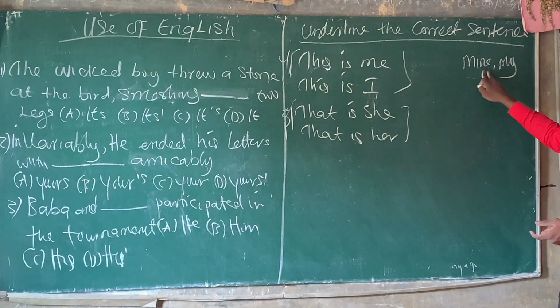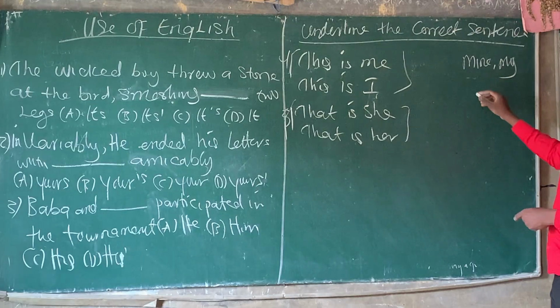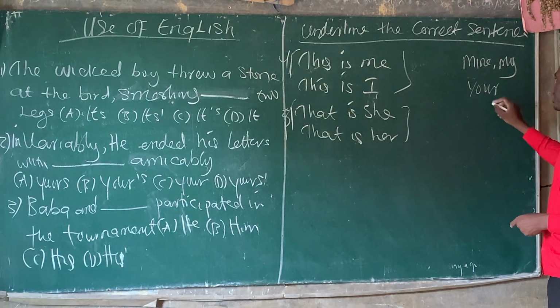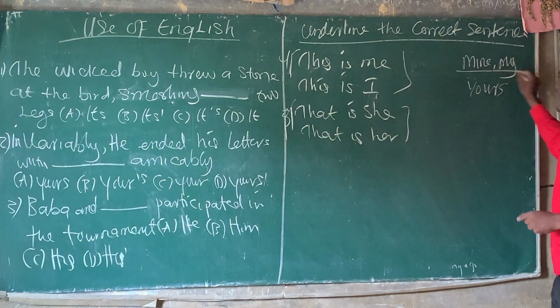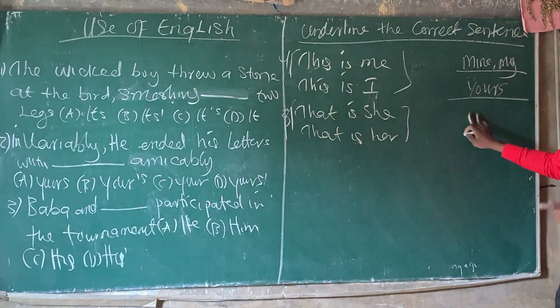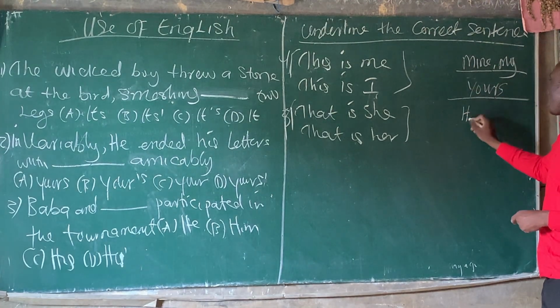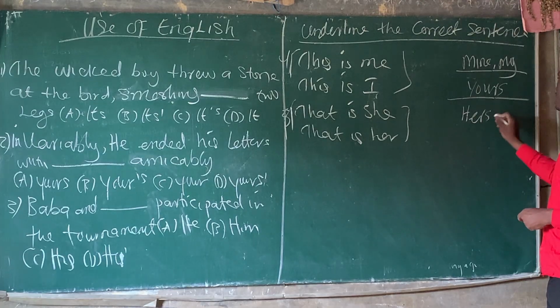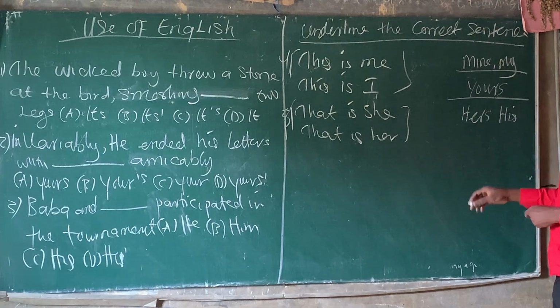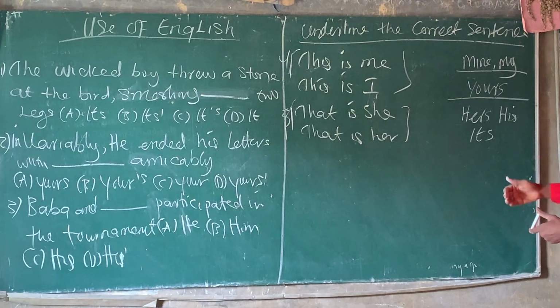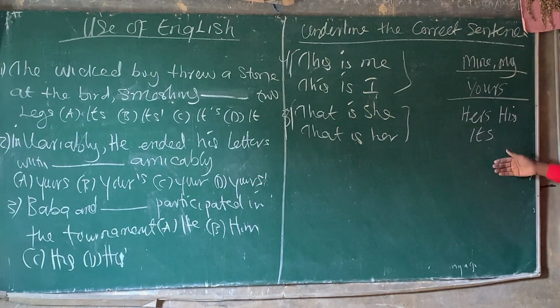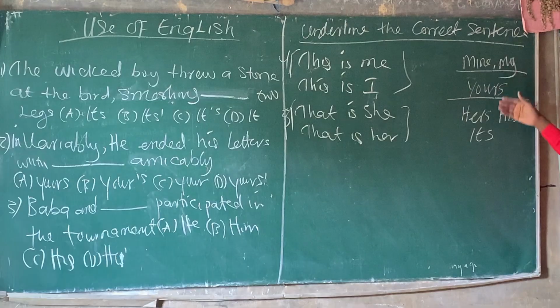Now for the second person singular, you have yours. Now for the third person singular, you have hers, his, its. Get it right now? And this possessive pronoun does not attract apostrophe.